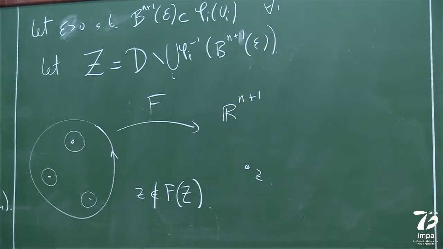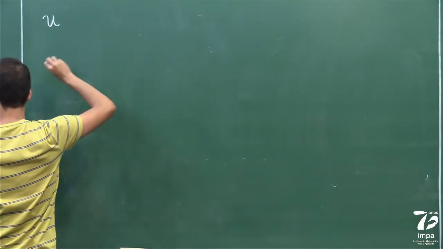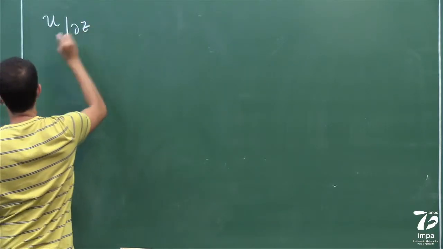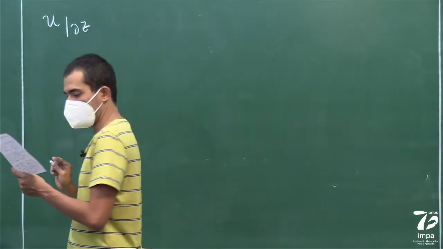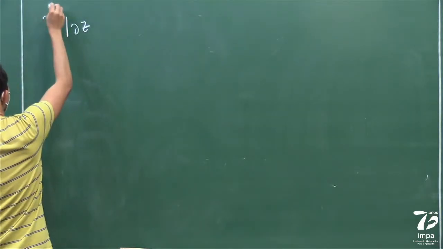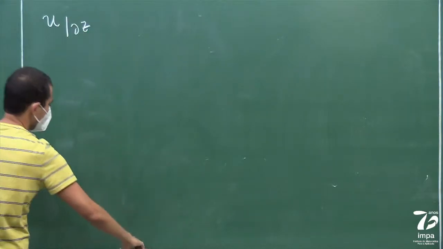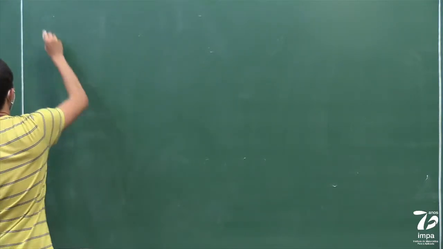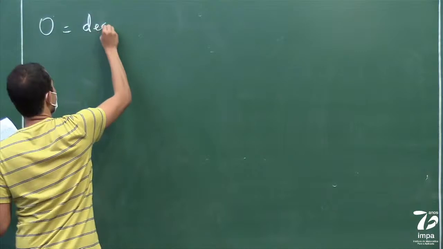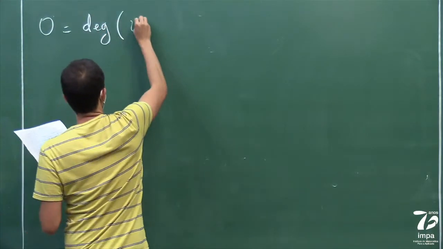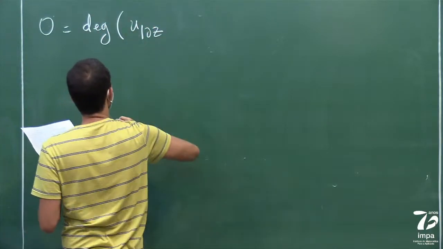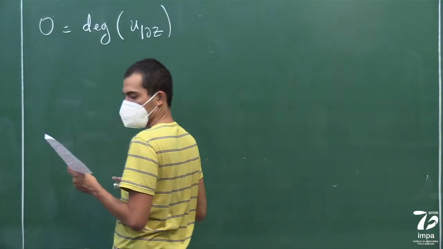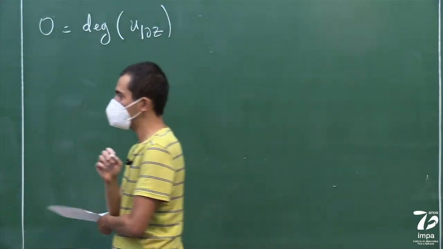So that means that if I look at the map U on the boundary of Z, the intersection number of that has to be 0. So the degree of the map U restricted to the boundary of Z has to be 0. Okay, remember what the map U was.